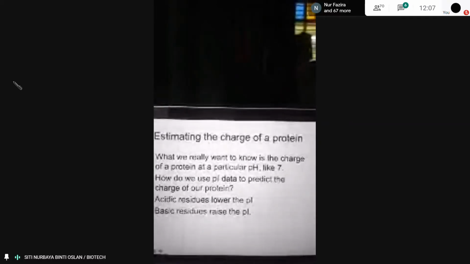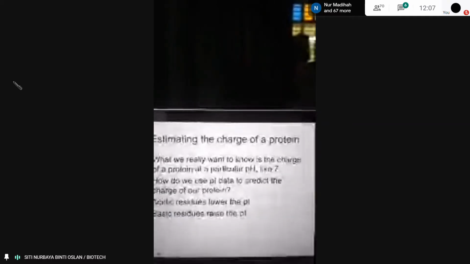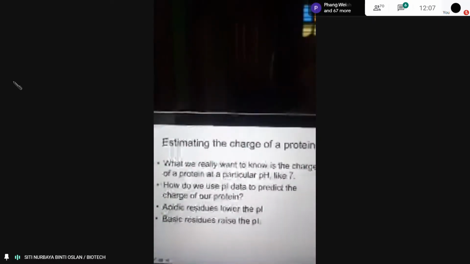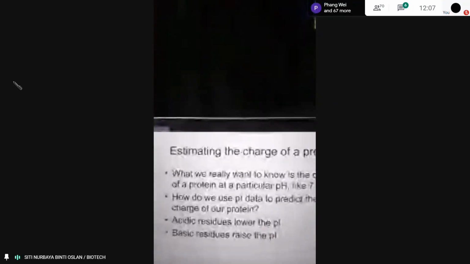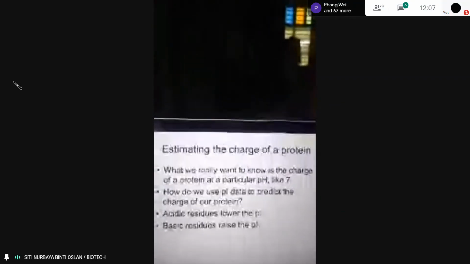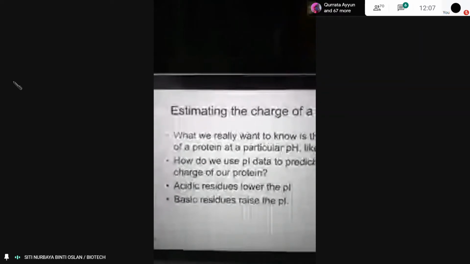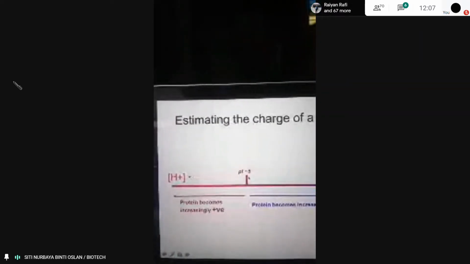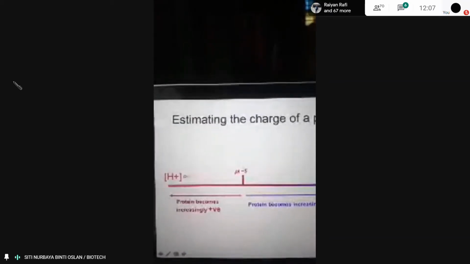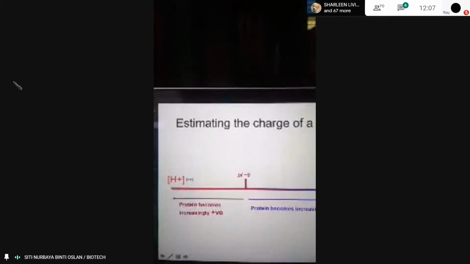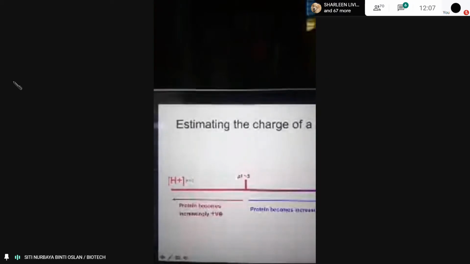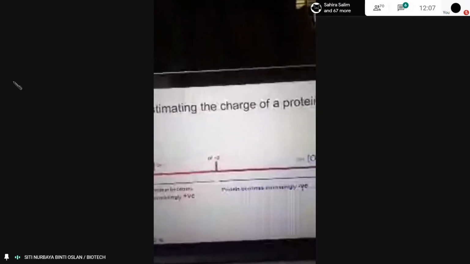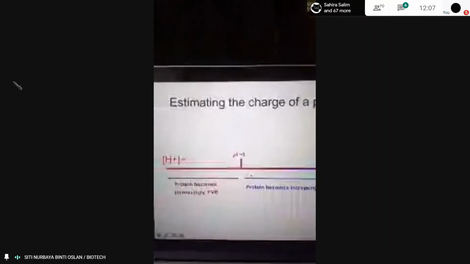Estimating the charge of the protein. What we want to know, once we know the pI, is the charge of the protein, how positive or negative, based on the buffer that we used just now. For example, if we have a pI of 5, at higher pH, with more OH, the protein will become more negative.